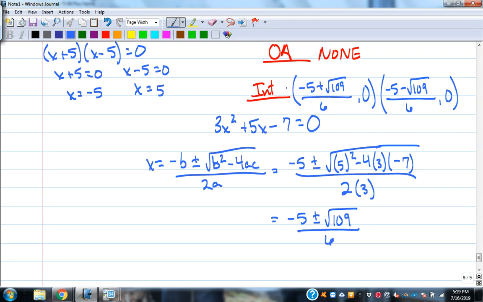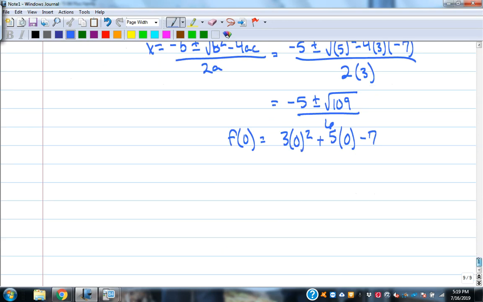That's our x-intercepts. To get our y-intercepts, we're going to just put a 0 in the place of x in the problem. 6 times 0 squared minus 150.